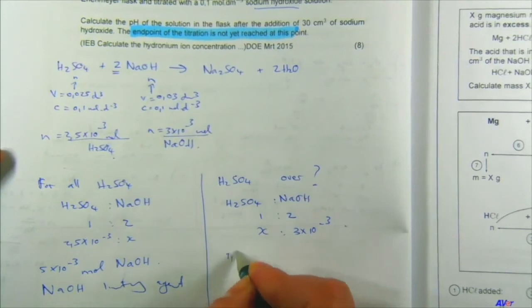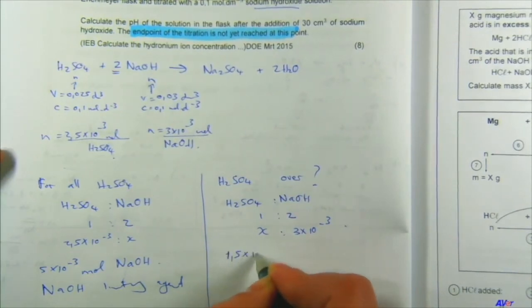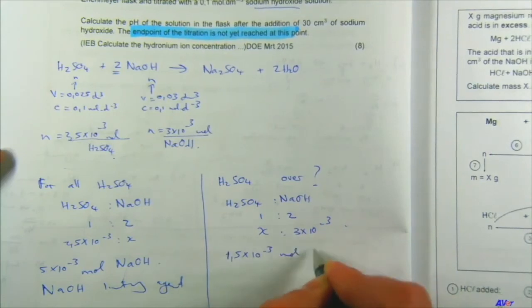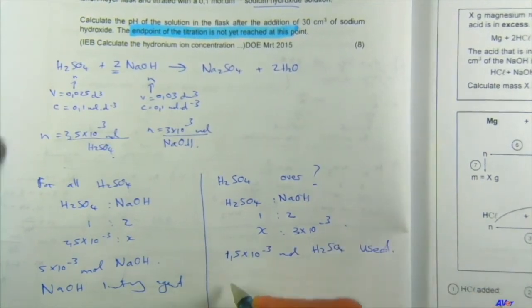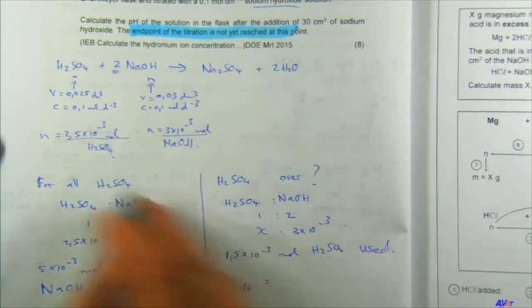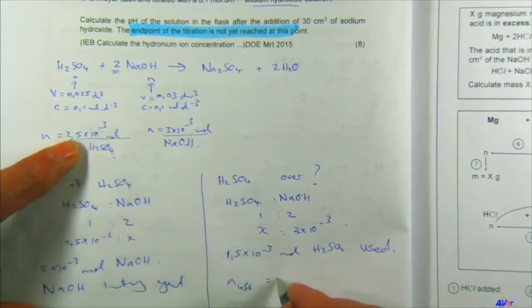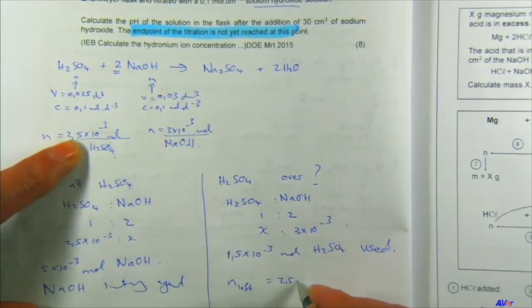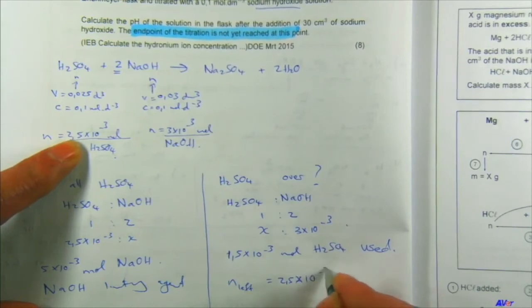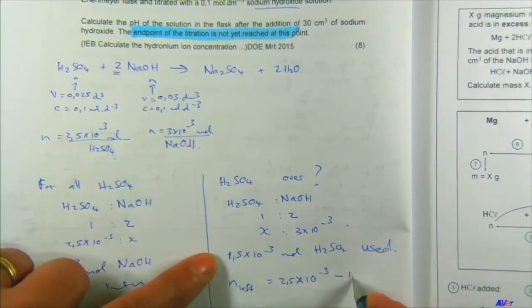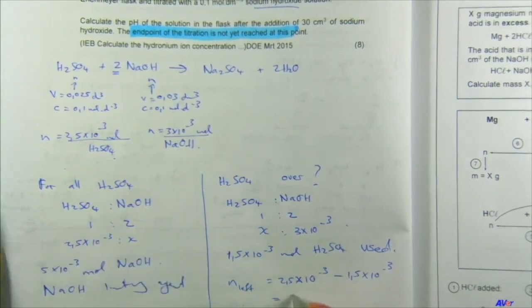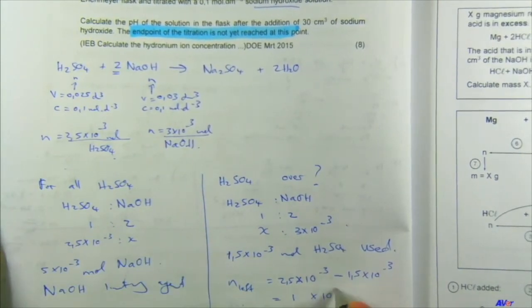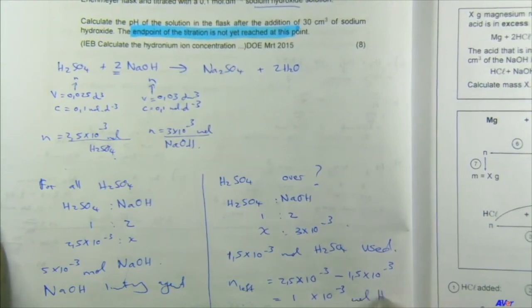Half of that, 1.5 times 10 to the minus 3 moles of H2SO4 will be used. So what is left over? We started off with 2.5 times 10 to the minus 3, and we're now using 1.5 times 10 to the minus 3. So we're going to end up with 1 times 10 to the minus 3 moles of H2SO4.